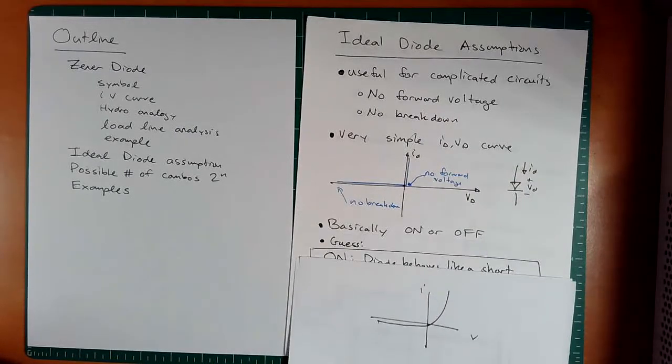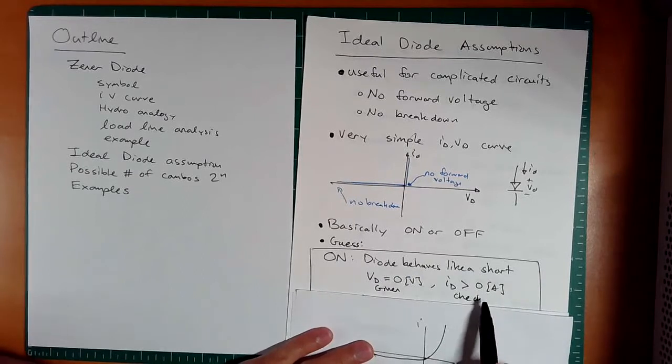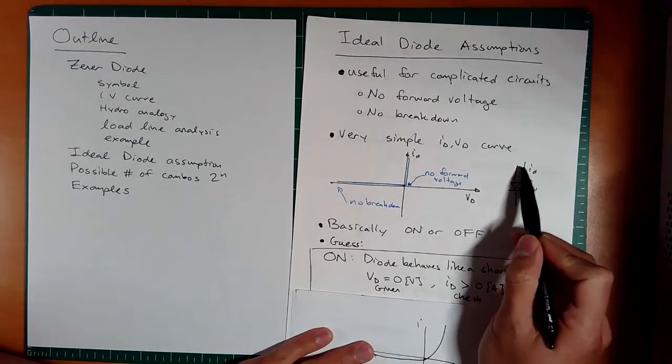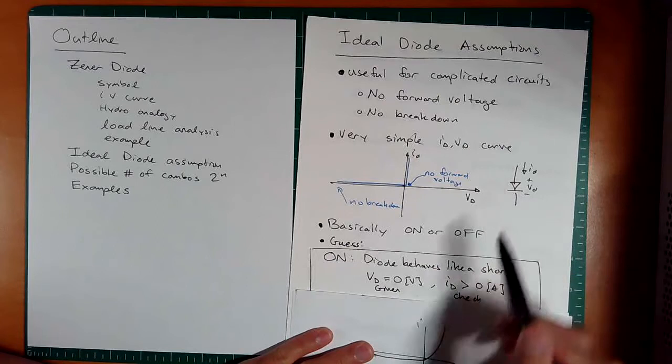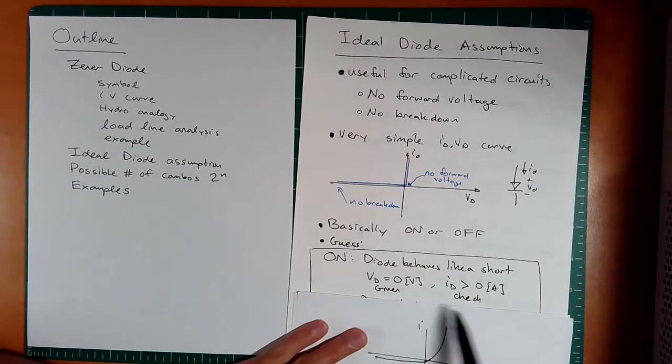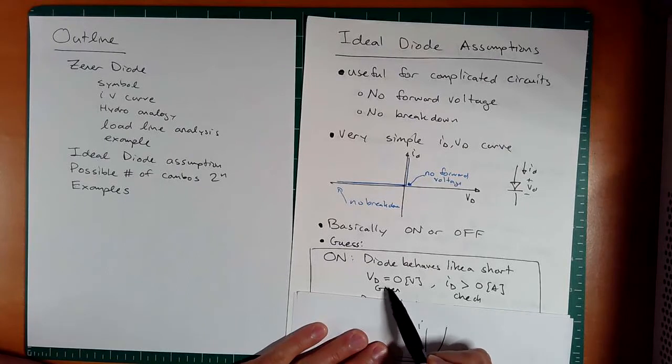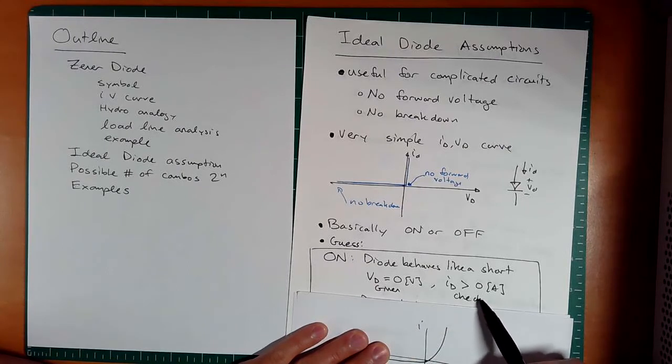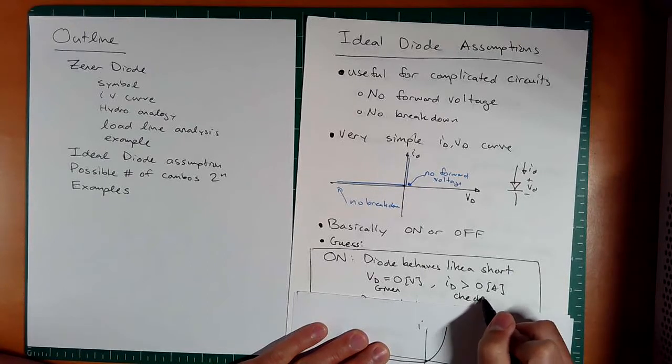And so what do we have here? Notice you still have the VD and ID drawn correctly according to the diode. When it's on, you will assume that the voltage is 0, but you need to check if the current is positive. That makes sense.